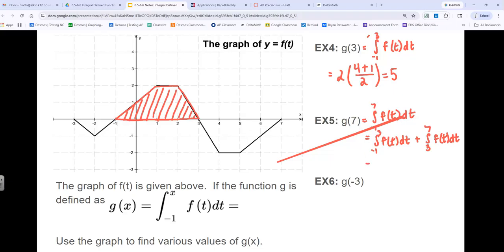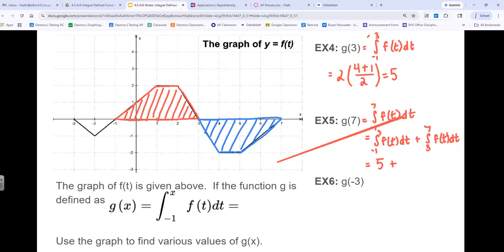Well, we just found that integral from -1 to 3, that was 5. And then I need the area of this part right here. Now, what do you notice about that shape right there? It's the same shape as the red one, just flipped upside down, well, kind of reflected over.